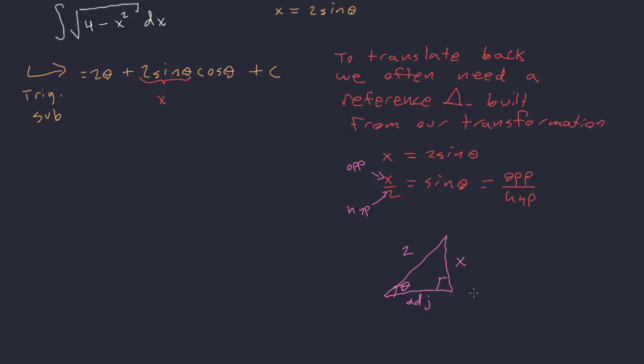Notice a lot of Pythagorean stuff going on here. 2 squared is equal to x squared plus the side adjacent squared. And then we'll move this over. So we'll get 4 minus x squared is equal to the side adjacent squared. Okay. And we are going to take the plus or minus square root of 4 minus x squared is equal to our side adjacent.